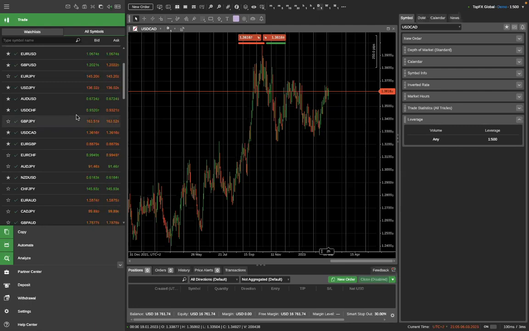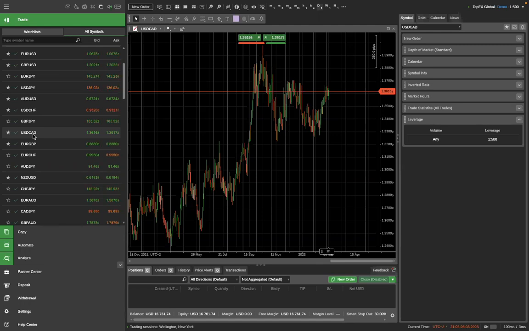Well, basically both the US dollar and Canadian dollar economies are based in some manner on oil. Basically, the US dollar is correlated with the WTI, or as they call it, crude oil.